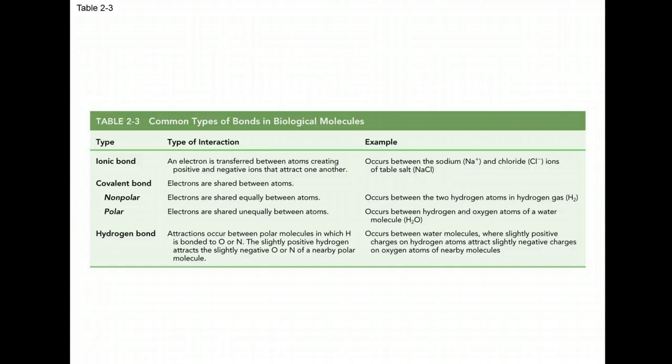In covalent bonds, there's a sharing of electrons between atoms. Some examples of molecules formed from covalent bonds are hydrogen gas and water. We'll talk more about water and hydrogen bonds in some upcoming slides.